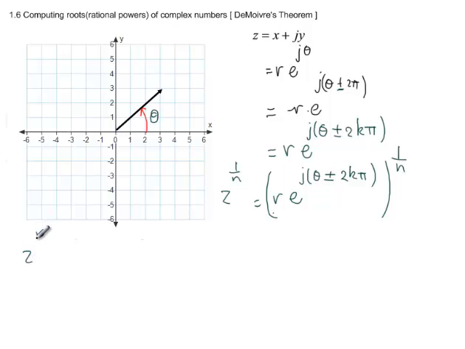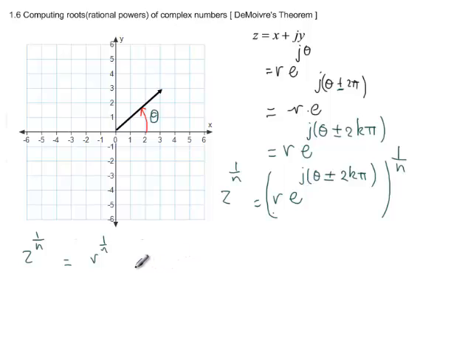Simplifying this, you can see that this would give us r to the power 1 over n, which is the nth root of a real number, which is not a problem because the modulus is a real number, isn't it?